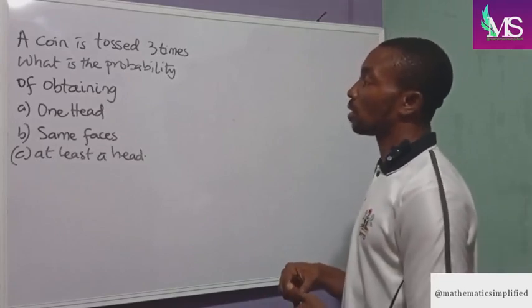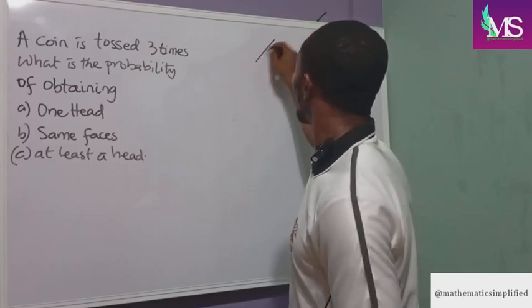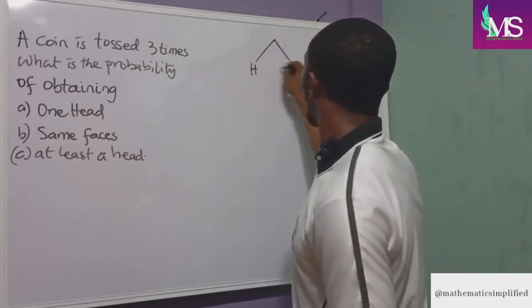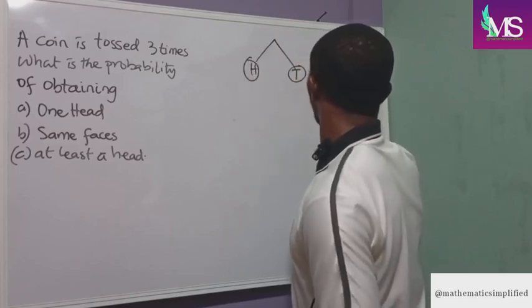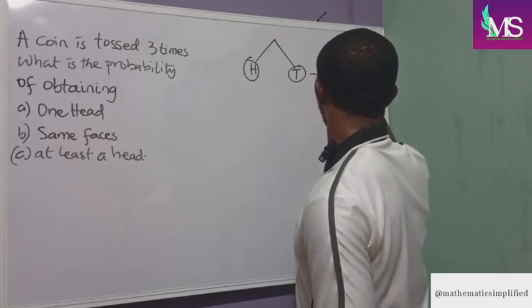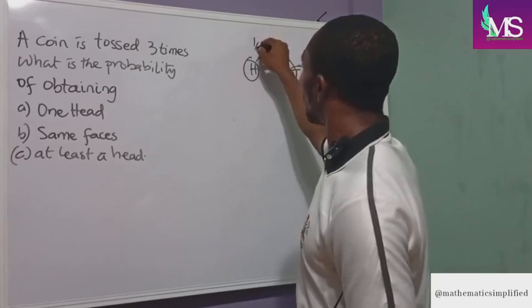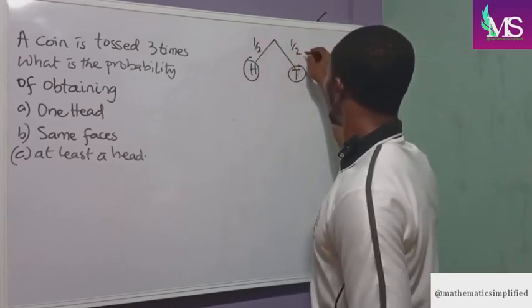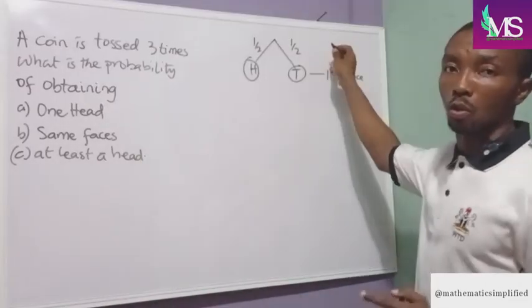Now, if you look at this, a coin has a head and a tail. Now this is our first choice. Now the outcome here will be 1 over 2, 1 over 2. Now if we add 1 over 2 plus 1 over 2, it is going to give us 1.